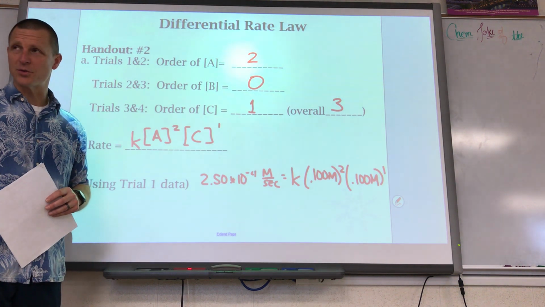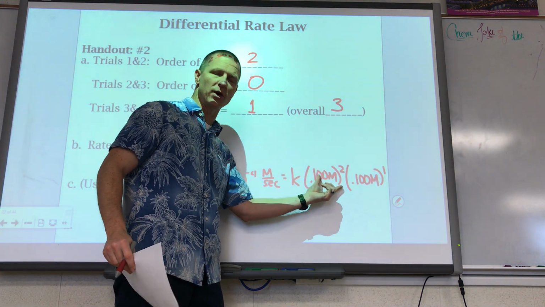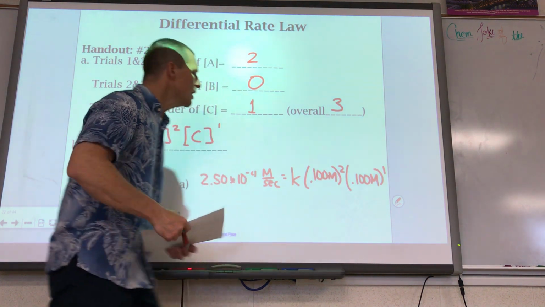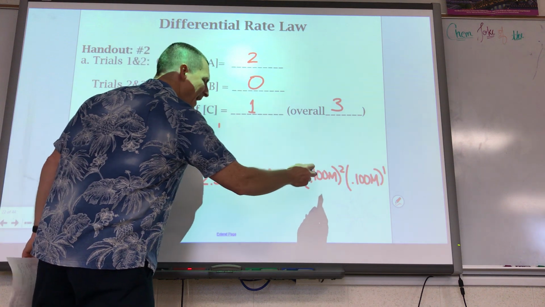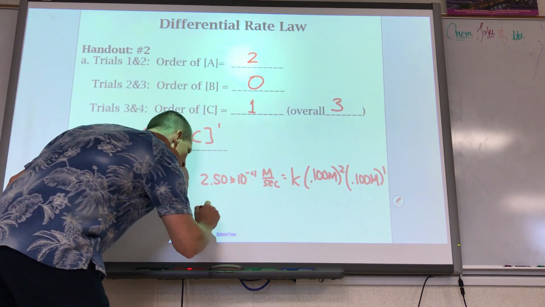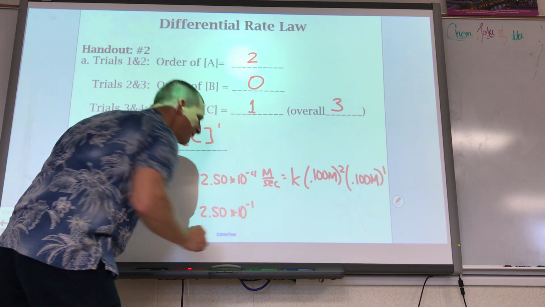So the math on this is super easy. On the right side, K is being multiplied by 0.1 times 0.1 times 0.1. That's 10 to the negative 3rd power. So when I divide out that 10 to the negative 3rd to get K by itself, this number has to be divided by 10 to the negative 3rd. That gives us 2.50 times 10 to the negative 1st.